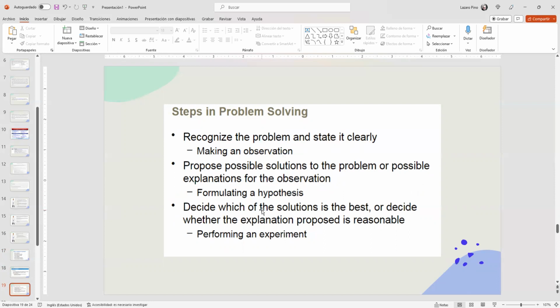And decide which of the solutions is the best, or decide whether the proposed explanation is fine or not. How? Performing an experiment. If the experiment says that your explanation, your hypothesis, is okay, go on. But if not, you have to formulate a new one.